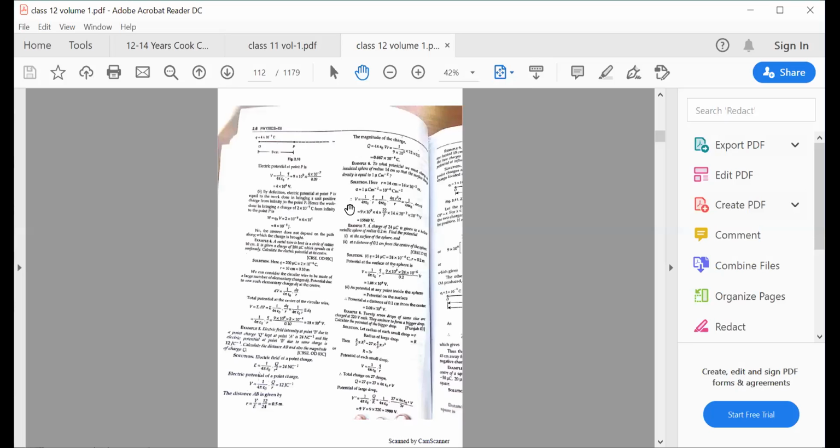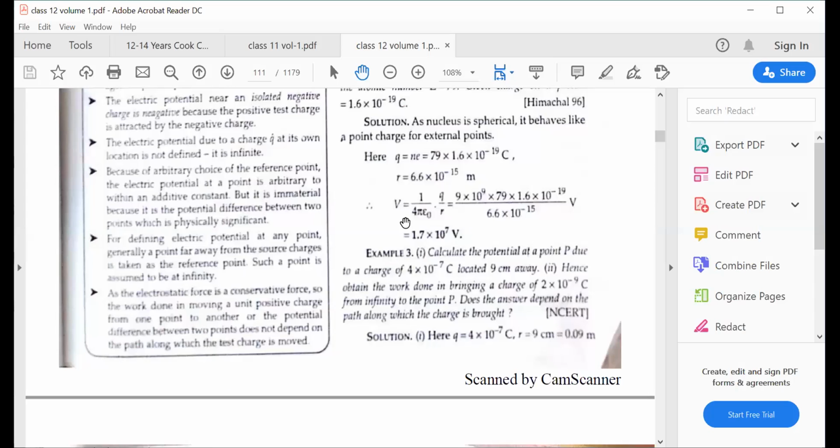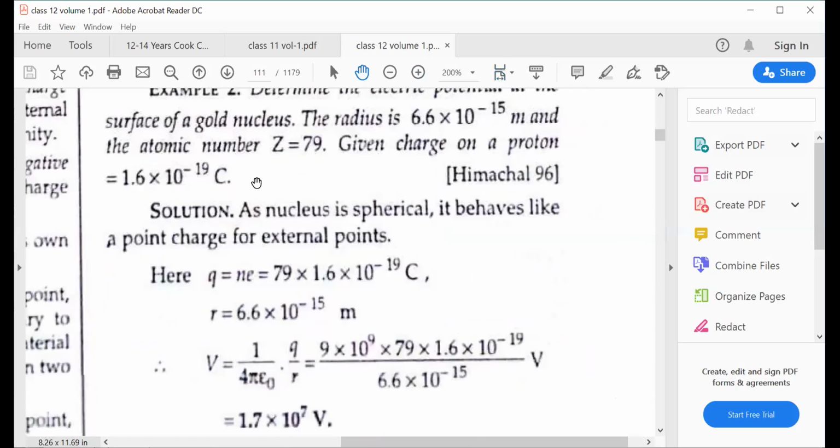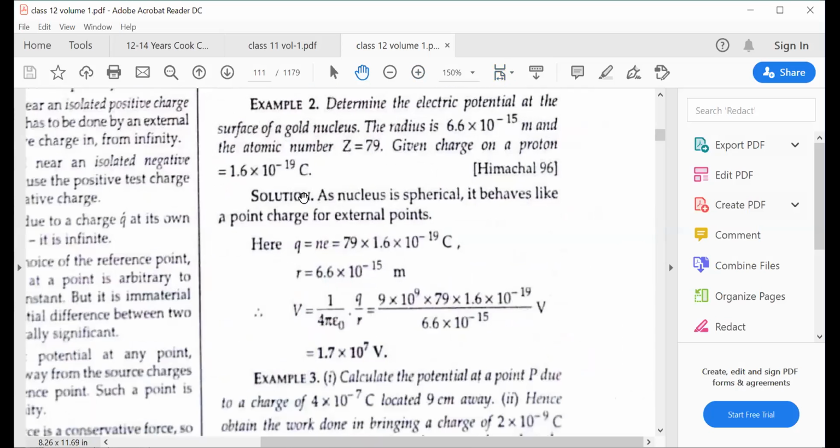Let's see one by one. Take the second question. I'm also displaying the answer, so it will be useful for you.